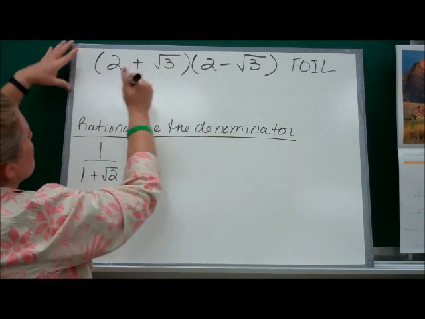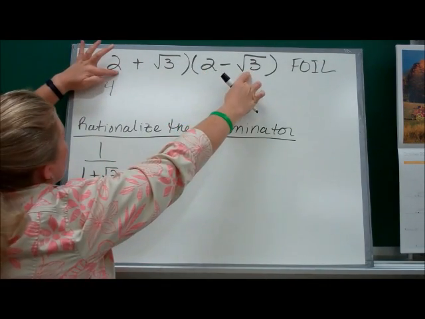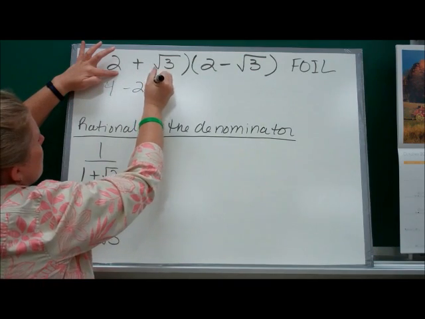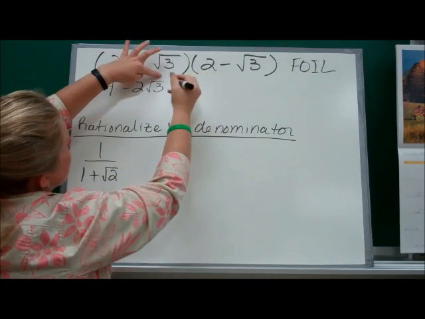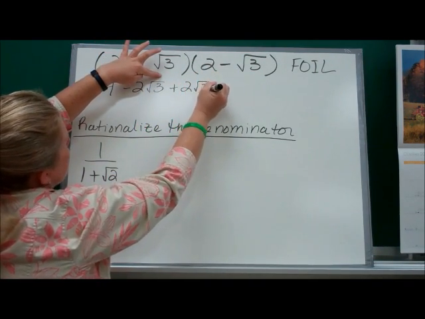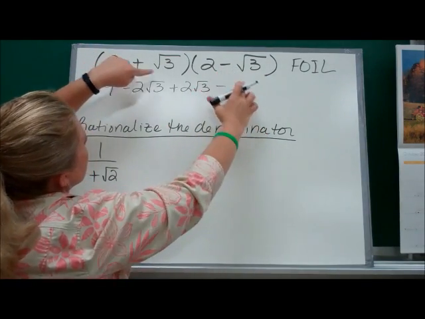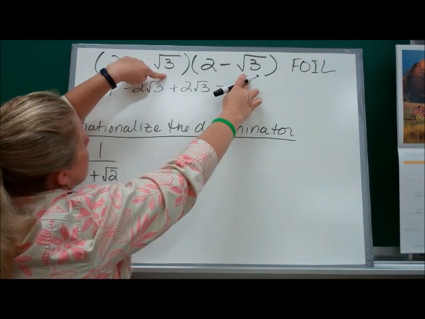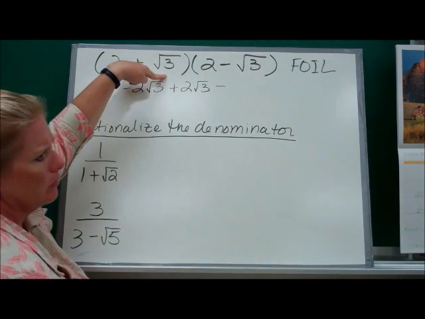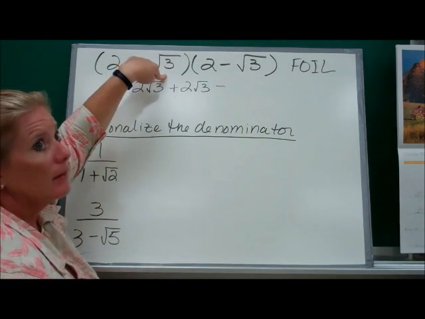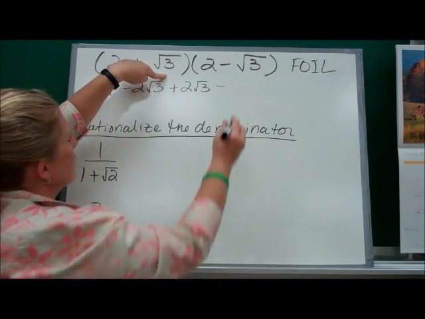First, 2 times 2 is 4, minus 2 square roots of 3, plus 2 square roots of 3. You see what's happening? It's minus, because it's a plus and a minus, the square root of 3 times the square root of 3. What is the square root of 3 times the square root of 3? Oh, it's the square root of 9, which is 3.